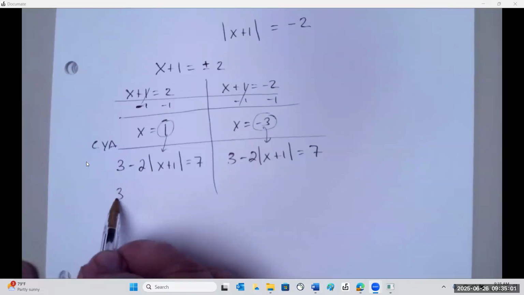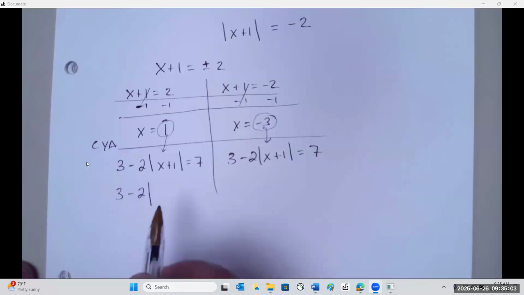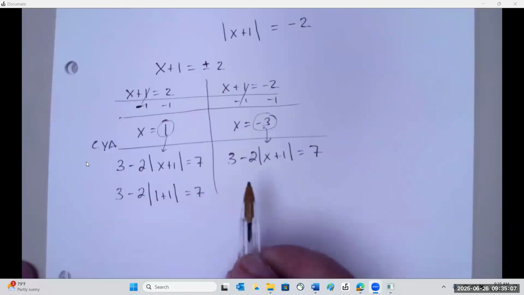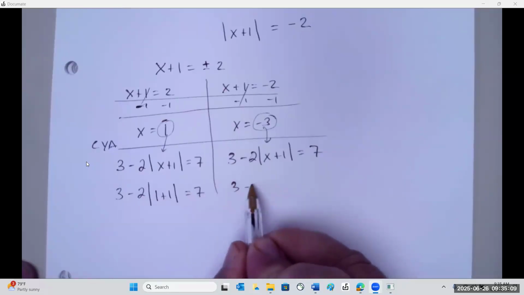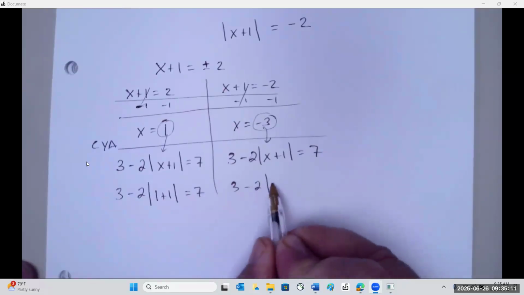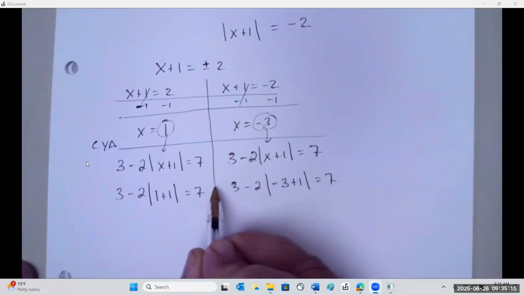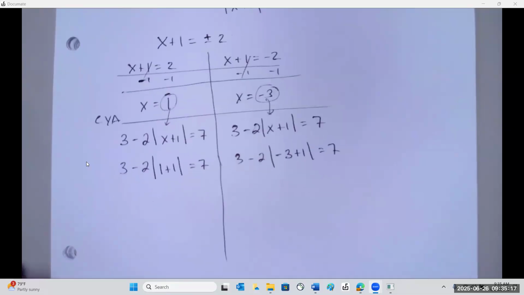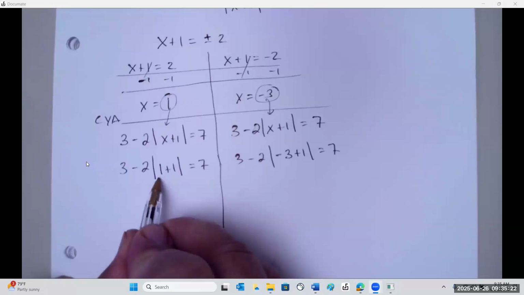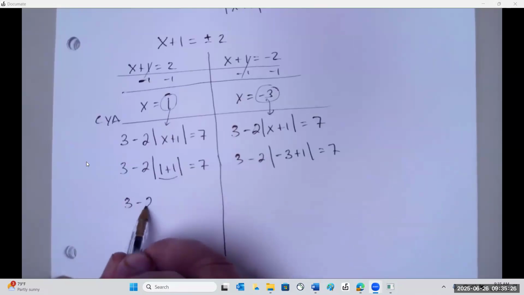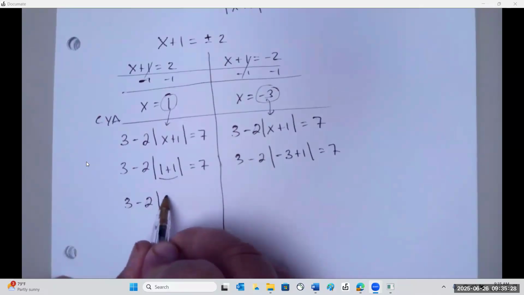So it gives us 3 minus 2 times the absolute value of 1 plus 1 equals 7. 3 minus 2 times the absolute value of -3 plus 1 equals 7. So far, so good. All I did was substitute in there. So let's work them out. Order of operations, we do inside the special operation first. 1 plus 1 is 2.